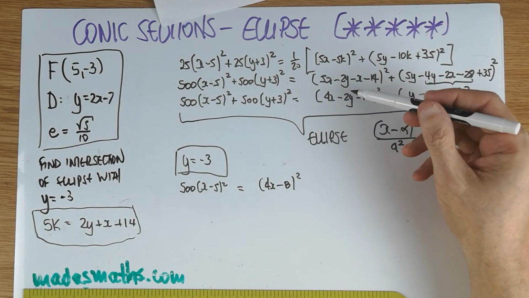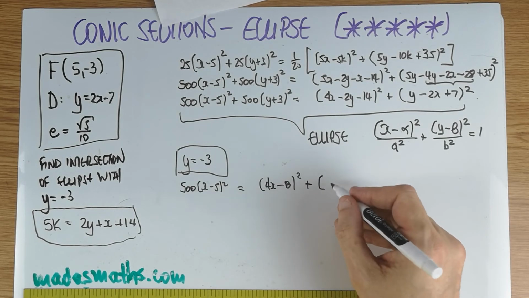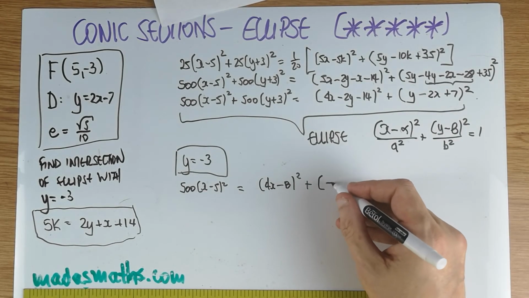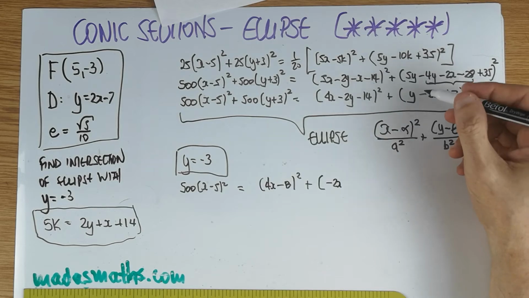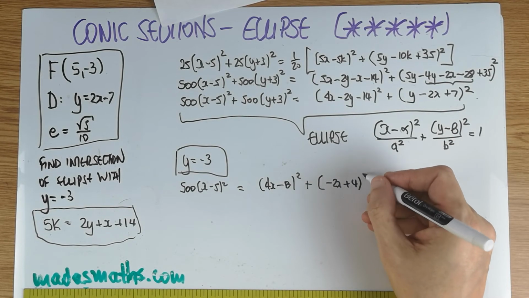Let me just double check. It's 6 minus 14 is minus 8. And in this one, we're putting y is equal to minus 3, so that is a minus 2x, minus 3 plus 7 is plus 4, all squared.